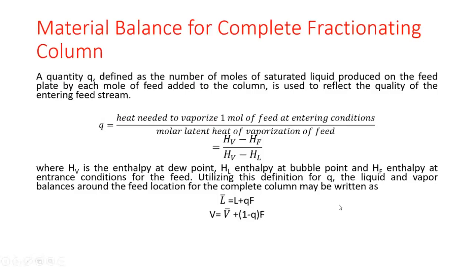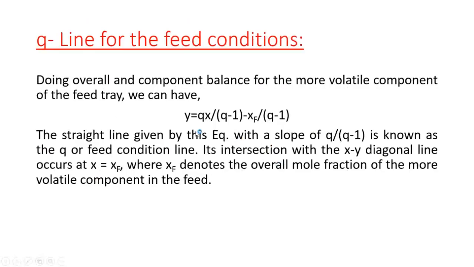Using this, we ultimately get this expression. For this, of course, the overall material balance for the total distillation column also has to be taken care of. After elimination of F, B, and D, we get y equals q by (q minus 1) times x, minus xF by (q minus 1).